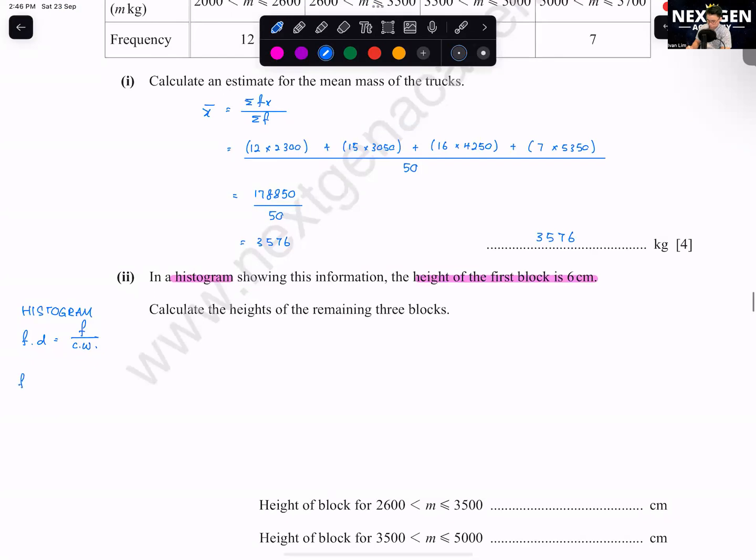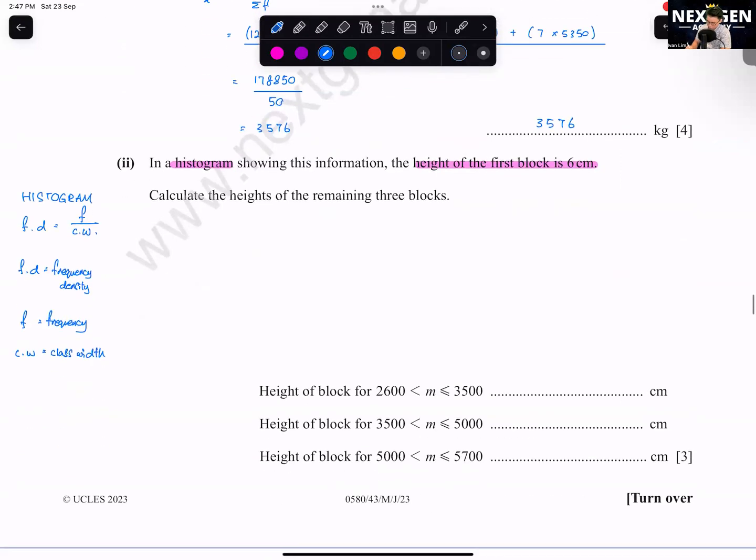Okay, for those who don't know, FD is frequency density. It's just a formula. This is what is represented on your y-axis. F is frequency. CW is class width. Okay, so your histogram, how it looks like, your y-axis will be represented by frequency density.